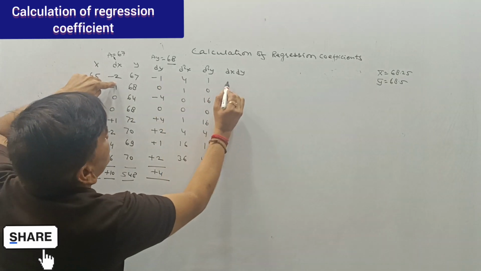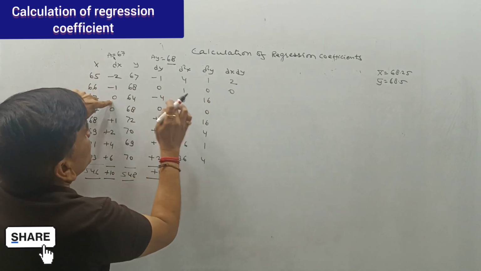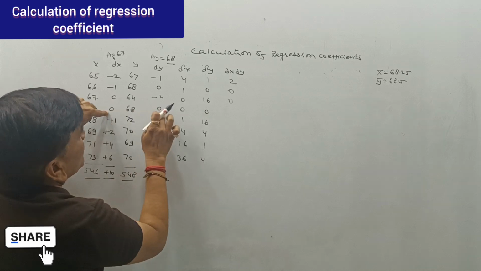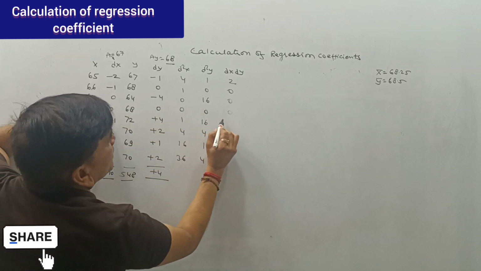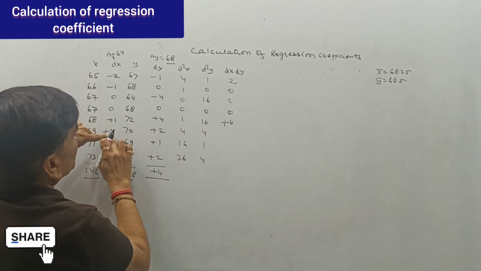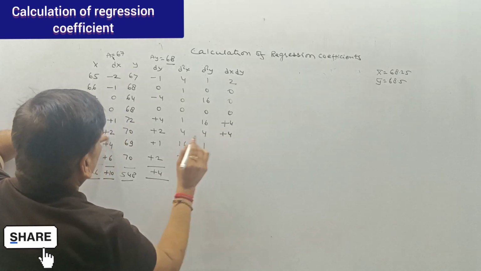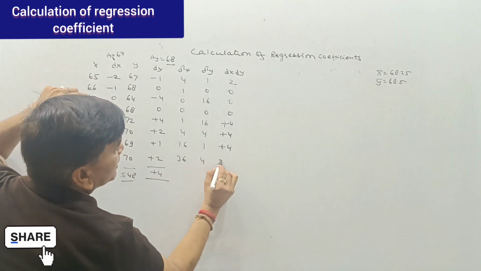For dx dy, 2 multiplied by minus 1 is minus 2, 0 multiplied by minus 4 is 0, 0 multiplied by 0 is 0, 1 multiplied by 4 is plus 4, 2 multiplied by 2 is plus 4, 4 multiplied by 1 is plus 4, and 6 multiplied by 2 is 12.